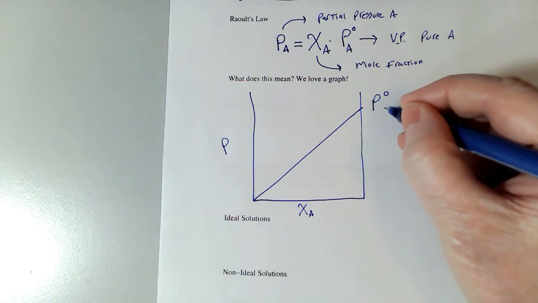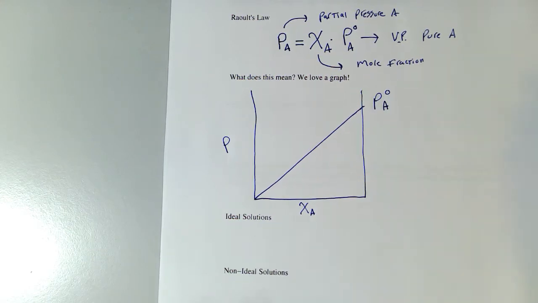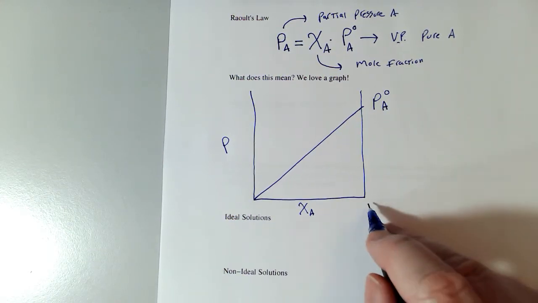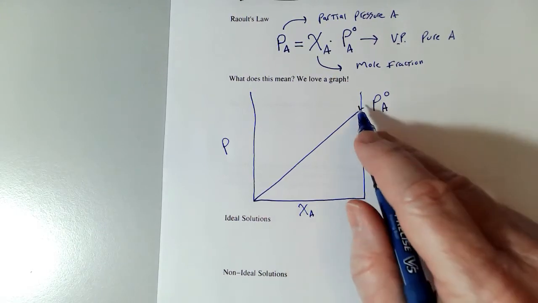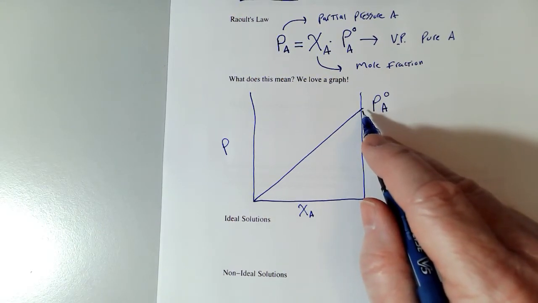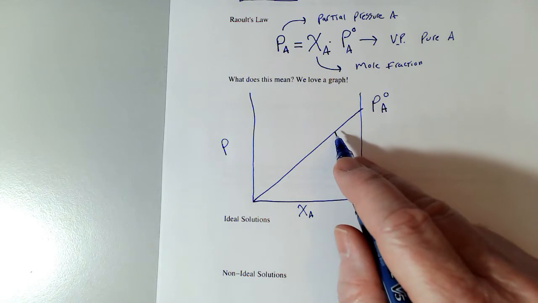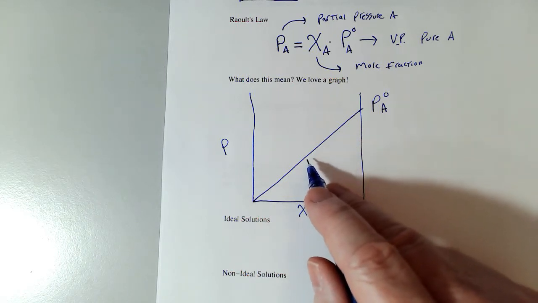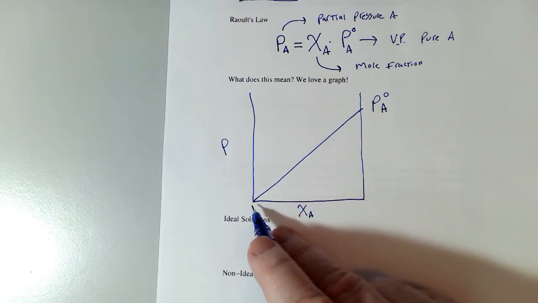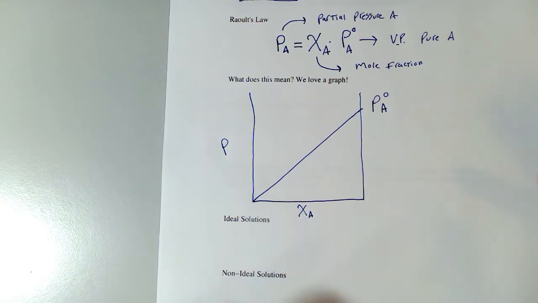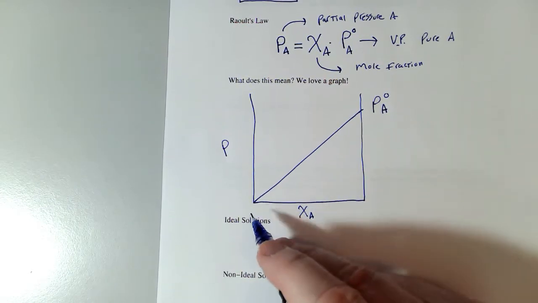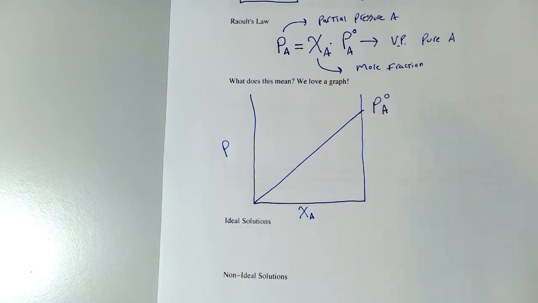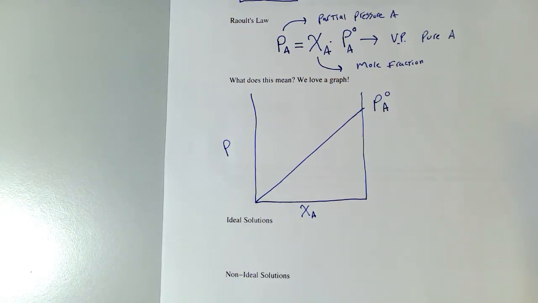And this is the vapor pressure of A when it's pure. So if the mole fraction of A is 1, just like pure water, normal vapor pressure. But as I add solute to it, its vapor pressure decreases until I get to the point where all I have now is the solute. They've switched, okay? I don't have any water left, so it would not exert any vapor pressure.